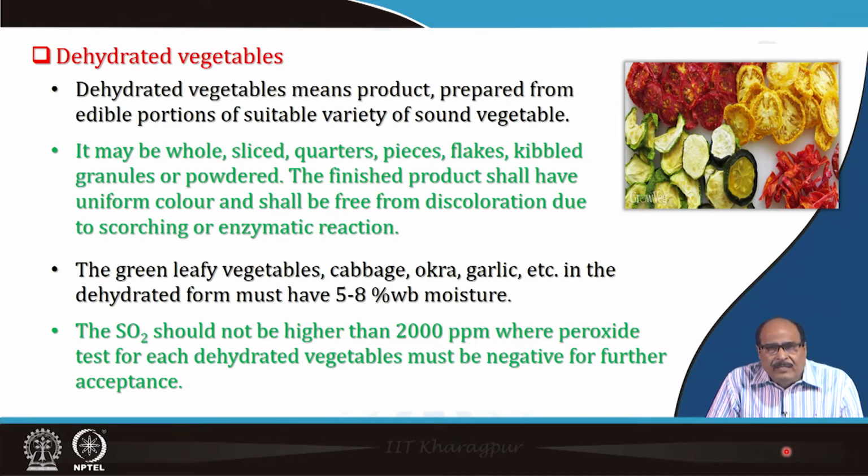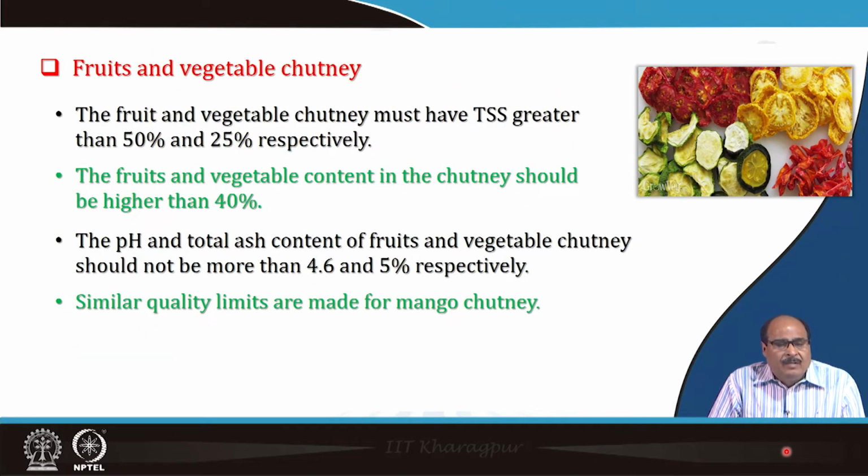The green leafy vegetables, cabbage, okra, garlic, etc., dehydrated, must contain moisture about 5 to 8% on wet basis. The sulfur dioxide which is used in these fruits or vegetables for preservation should not be higher than 2000 ppm, and the peroxide test for each dehydrated vegetable must be negative for acceptance.